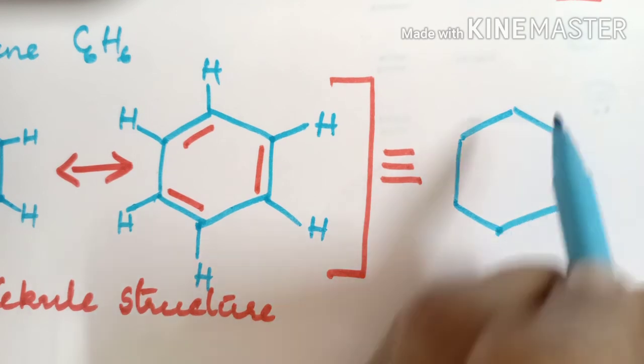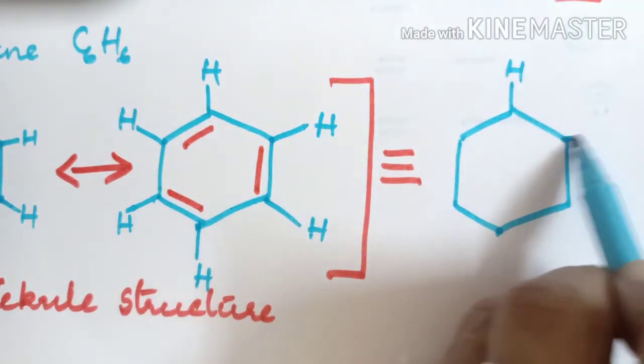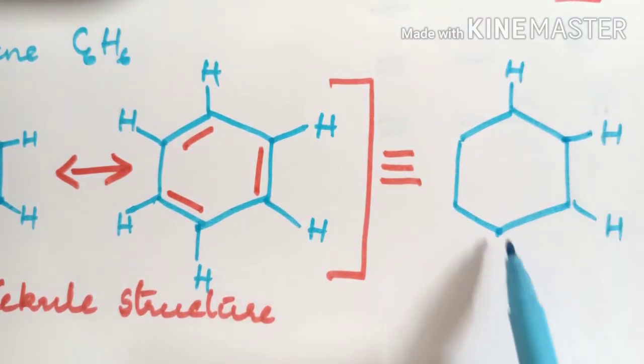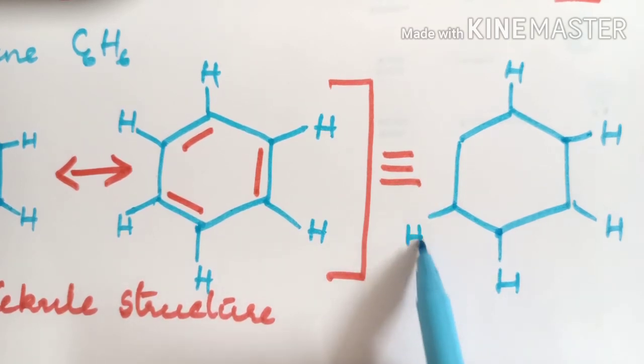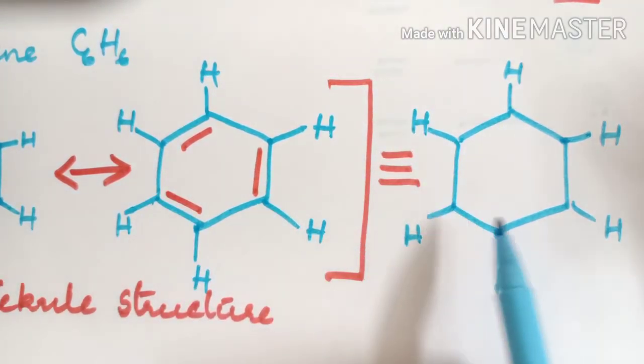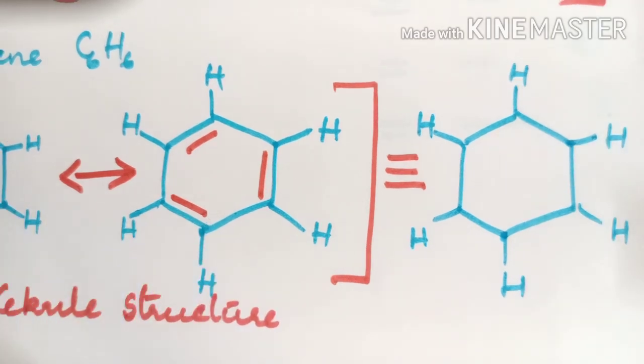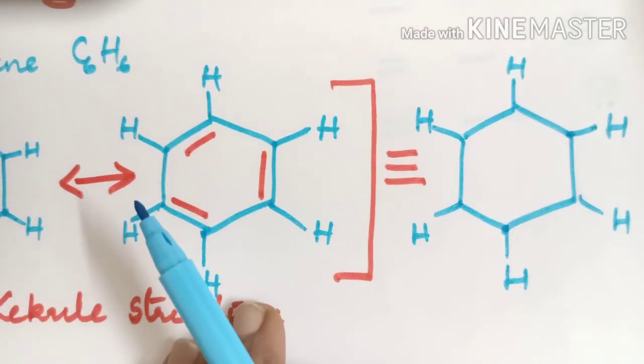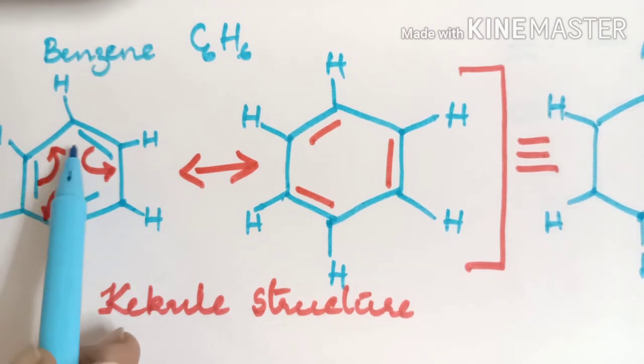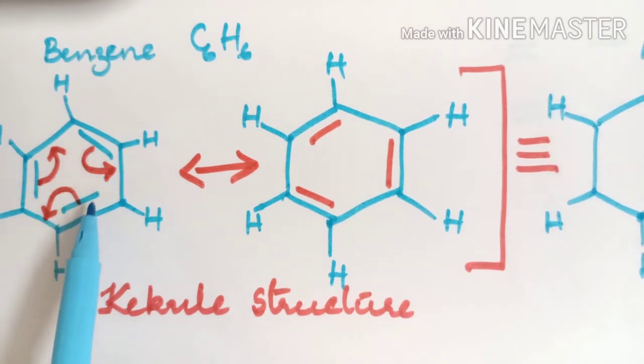So here you have the structure with H on each carbon, C6H6, and we find that the electrons are shifting their position from one side to the other.